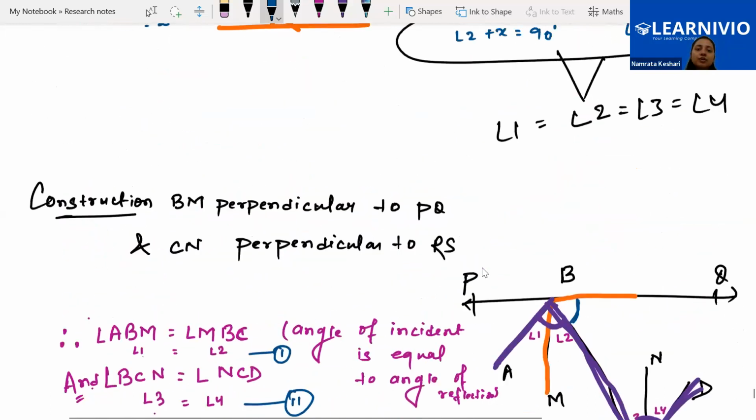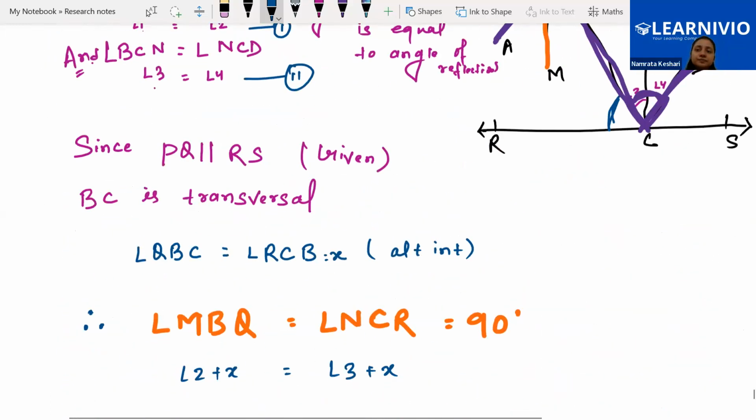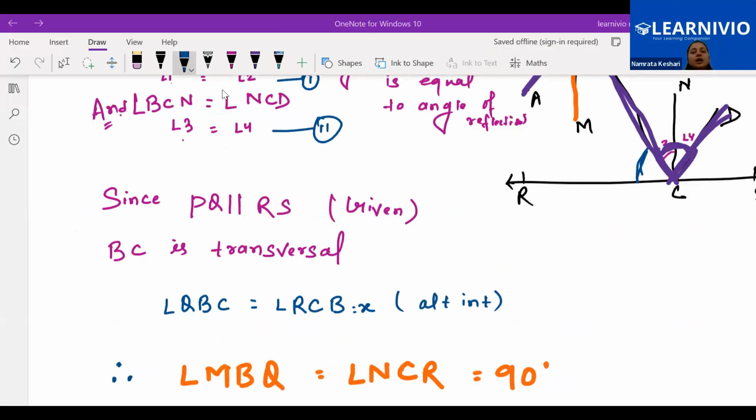Any confusion so far? Is it clear, Sara, Saad, Hanan, Arhan, Anam? Yes, ma'am. Is it clear? Yes, ma'am.